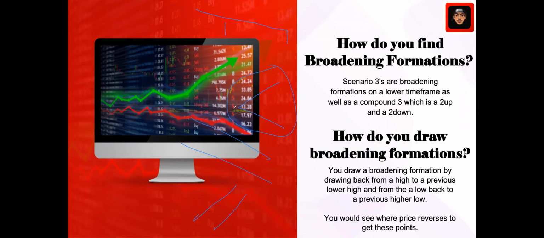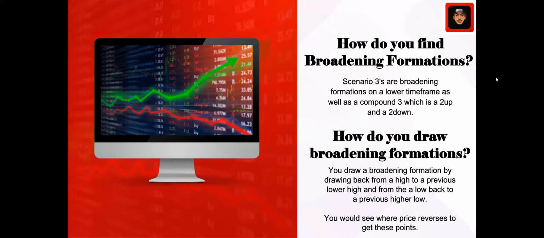So it looks like an alligator mouth or Pac-Man. If you drew it back like this, it looked like Pac-Man or Pac-Woman. Or maybe Pac-Man doesn't claim a gender. It's a unicorn. But that's how you draw a broadening formation.